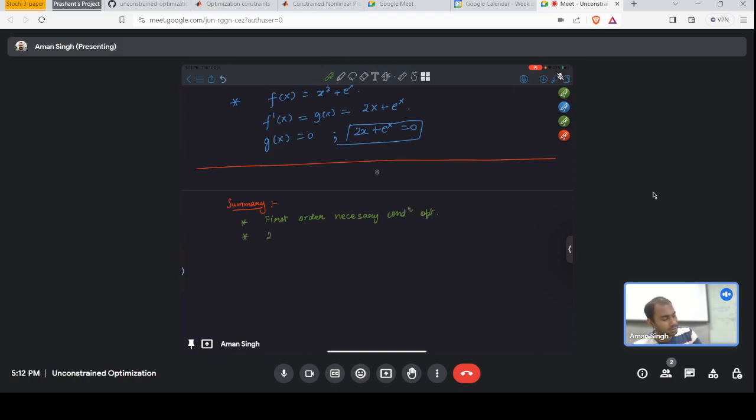We also studied second order necessary conditions for optimality, and we also studied second order sufficient conditions for optimality. And we realized that these two are not sufficient, and this alone is not necessary.